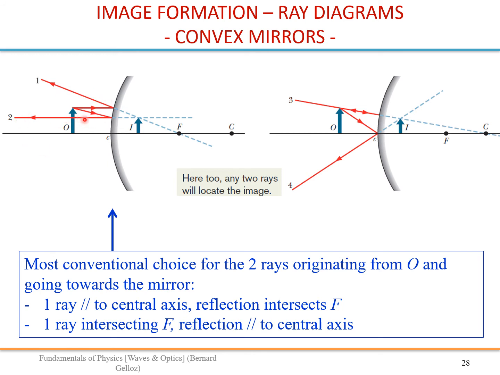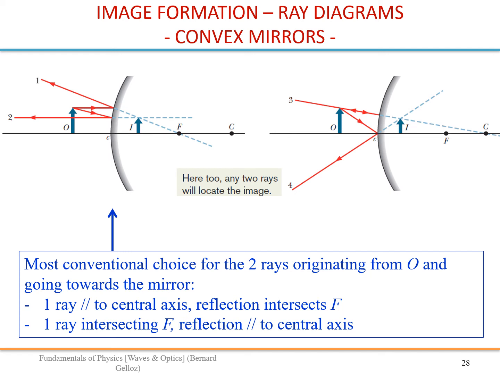Again, you take a parallel ray, this one, and it is reflected such that this line should intersect F. Of course, it does not intersect F in the real world, but it will in the virtual world. And another: you take a ray from the object, the point that you choose, to F. Let's write in green.